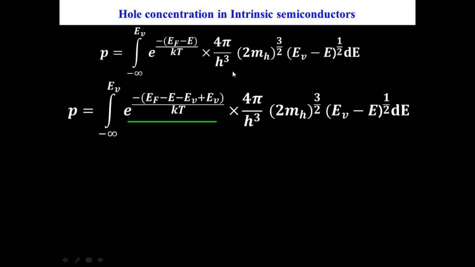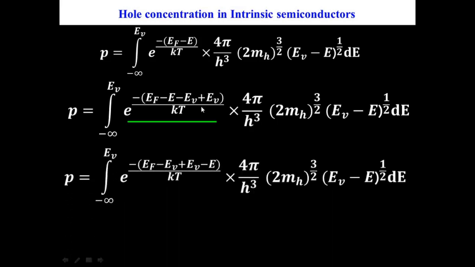Now we will solve this term: we bring this minus EV nearby EF, and the E stays at the last of the bracket. So we get EF minus EV, plus, and we bring this minus E in last, so we get (EV minus E) in the bracket, with minus common, and the rest of the terms are the same.